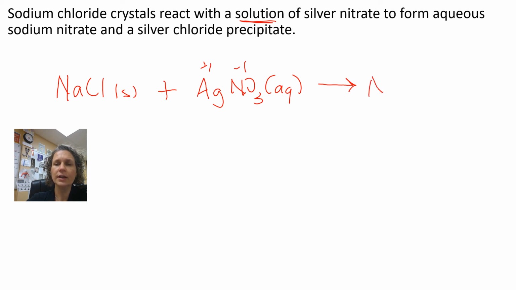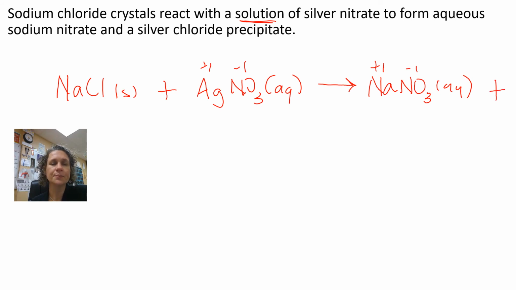So NaNO3. Again, a +1 and a -1. And that aqueous is telling me that I need another aq here. And, oh no, I'm running out of space. And there's a plus, a silver chloride precipitate.